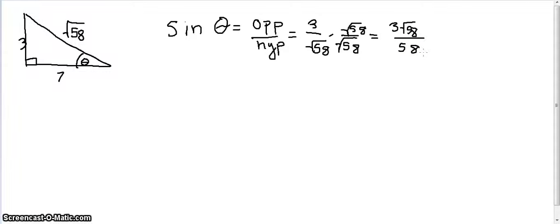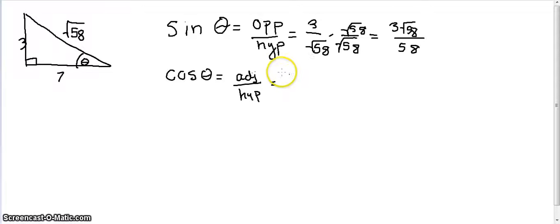Let's go on and do the cosine of theta now. So cosine of theta is equal to adjacent over hypotenuse. If 3 is our opposite side, our adjacent side has to be the 7.